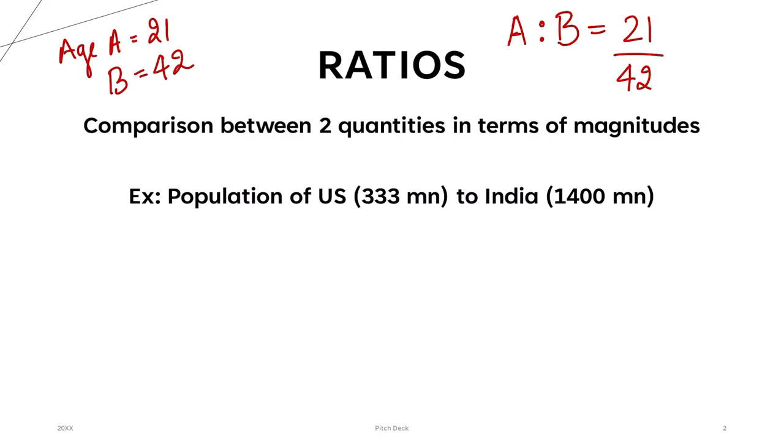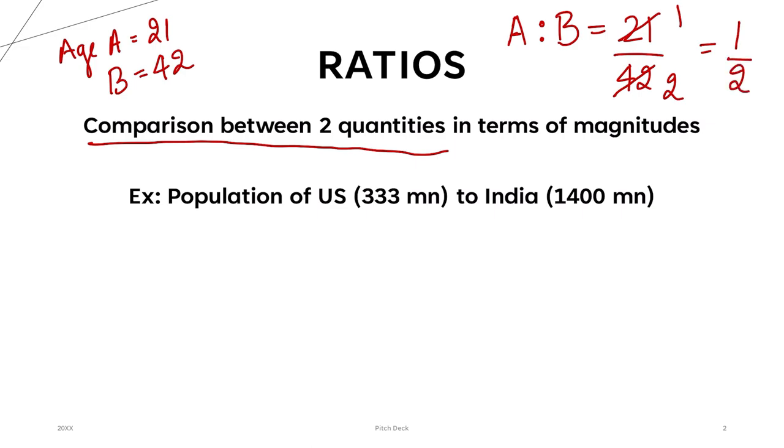Now, how does this help? Ratio helps in the comparison between two quantities. If the ratio between A and B is 21 ratio 42, can we simplify it? 21 ones are 21, 21 twos are 42, so that is 1 by 2.